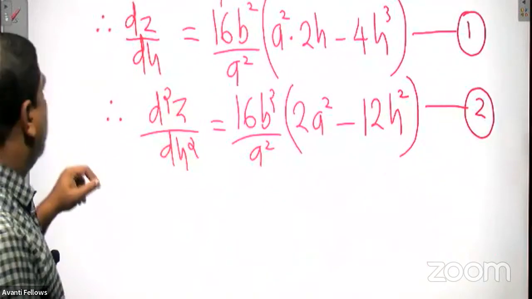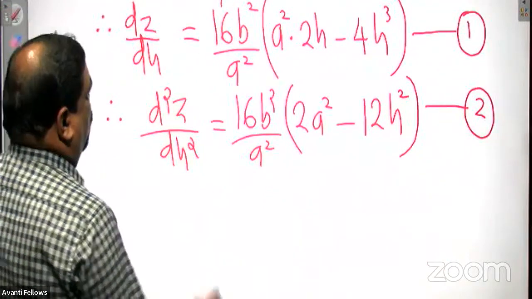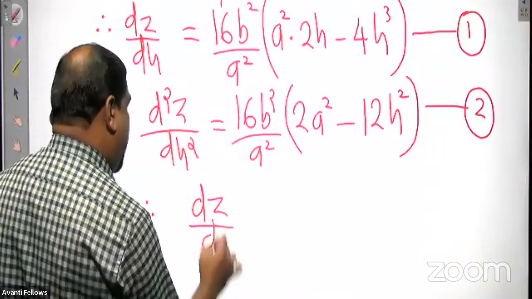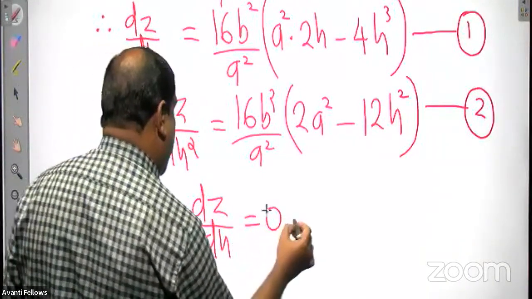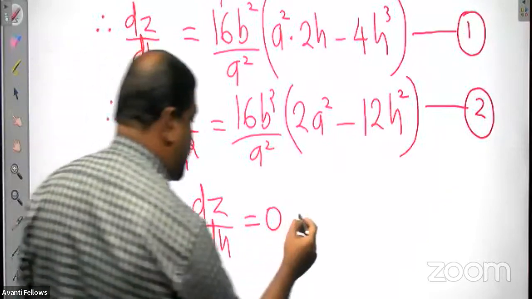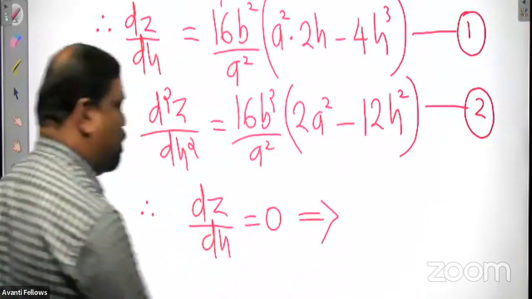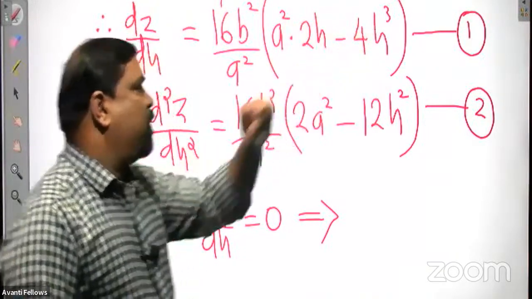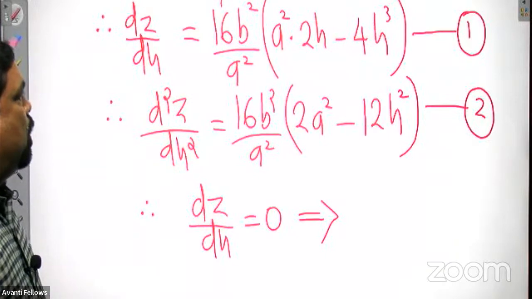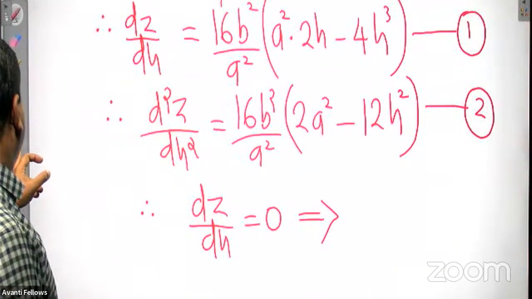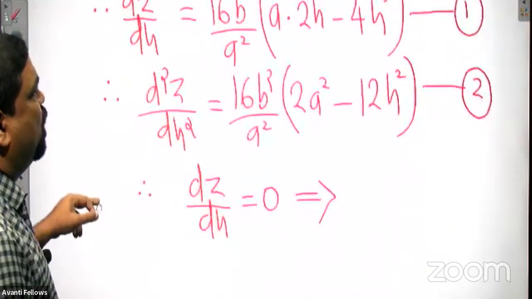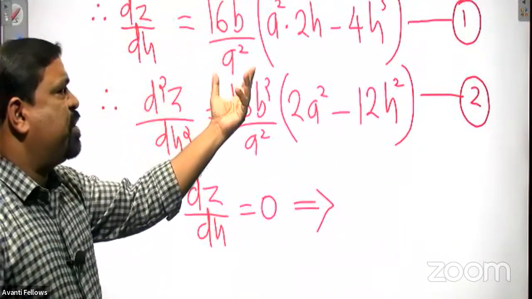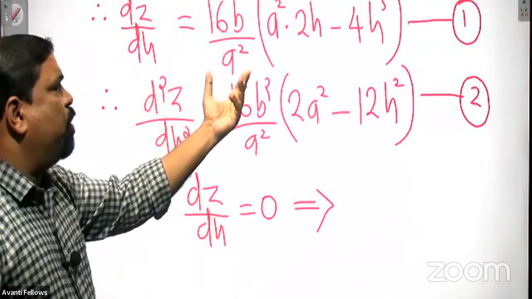Okay, let us find the critical point now. Equate dz by dh equal to 0. From that expression, if you equate it to 0, what will you get? 16 b square by a square is a constant, so that is not going to affect.